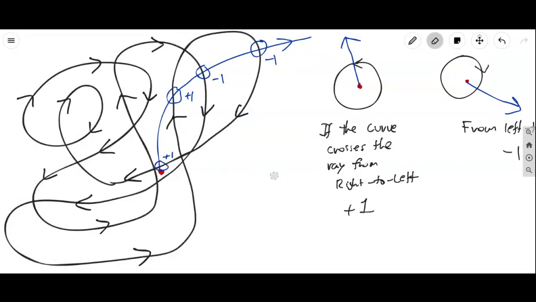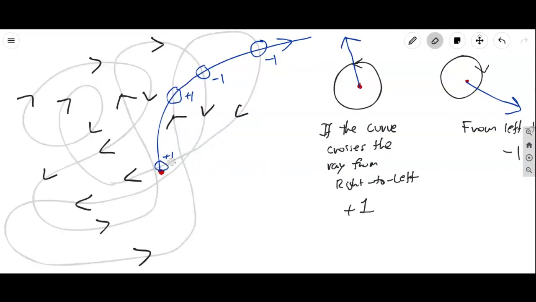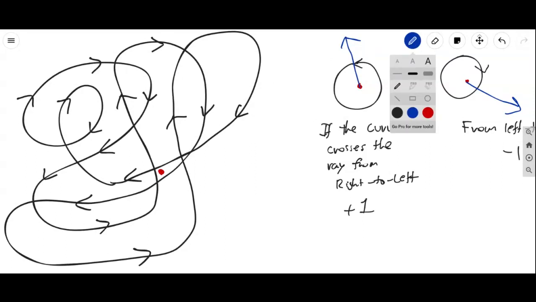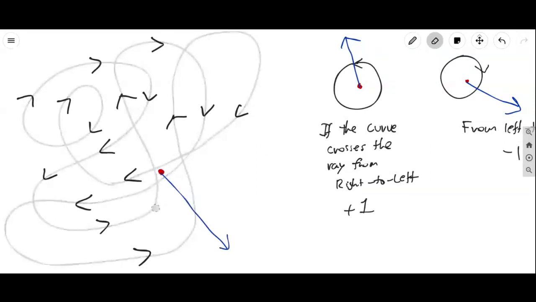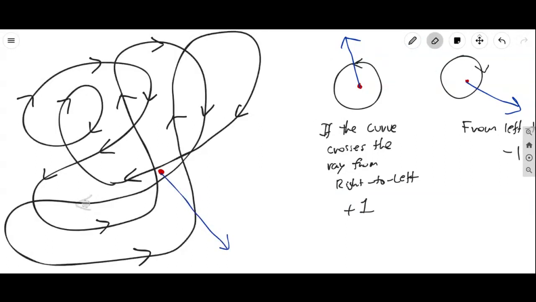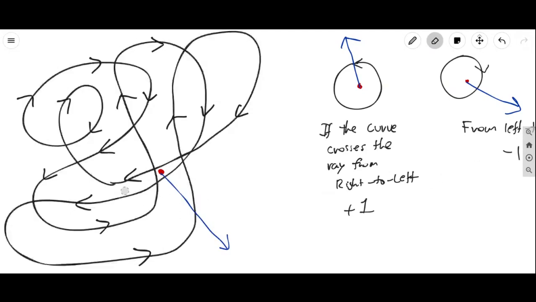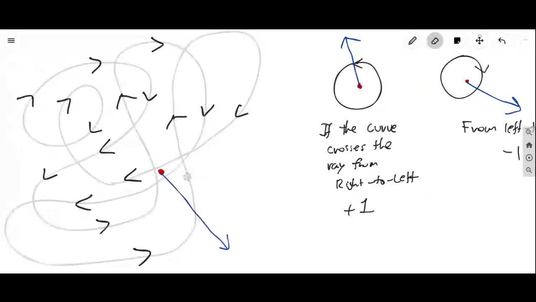And so the winding number around that point is therefore, you add up the numbers, going to be 0. So the winding number is 0. What if we tried something else? So usually you try to find the easiest possible ray, like this. That's the easiest, with the least number of intersections. So now you can see, because of the orientation, you're going from left to right. So from left to right, this is -1. But this one is going from right to left.